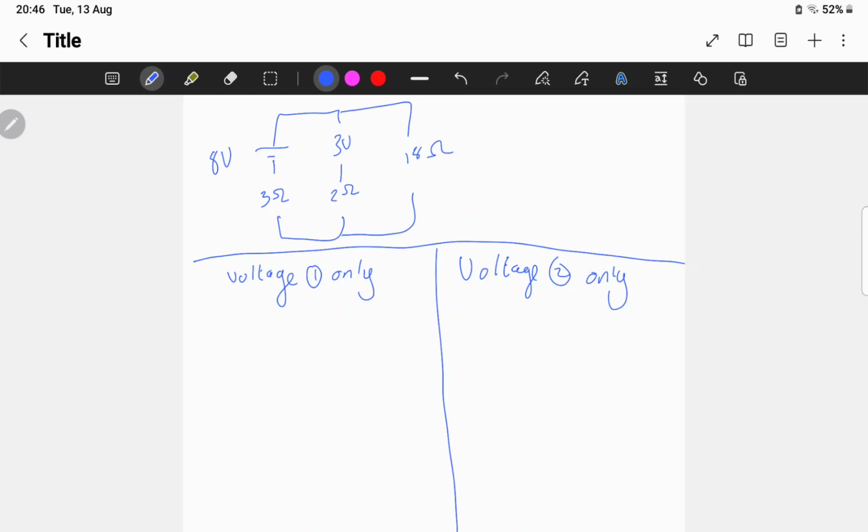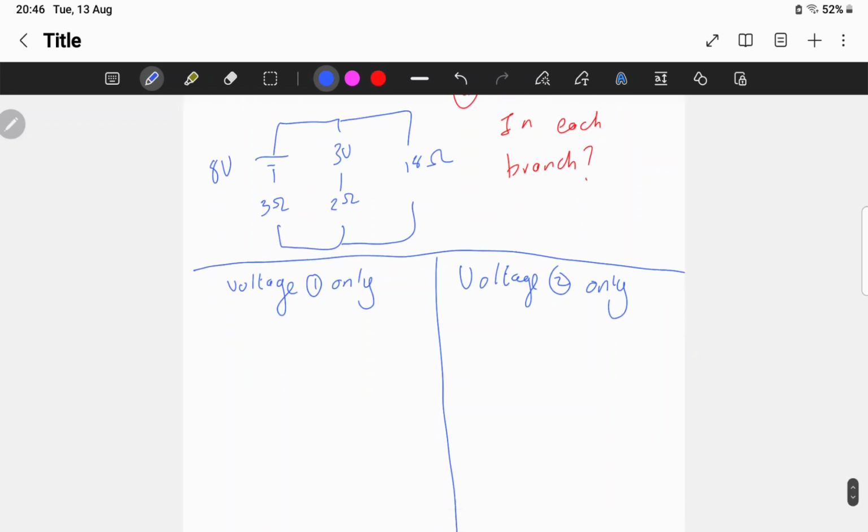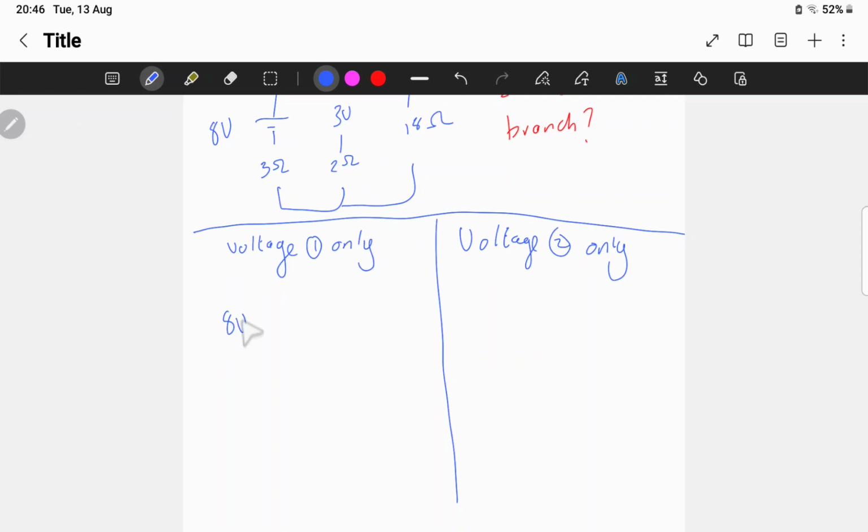Let's read the question. The question is, find the current in each branch, right? So let's start with the 8. We have the 8 volts, 3 ohms, 3 volts, which we're going to ignore, 2 ohms and 18 ohms, right?